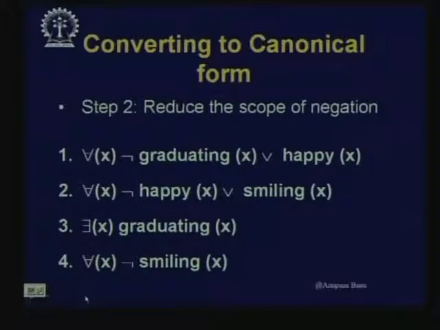But when I am trying to do this, what I will try to do is for every clause I will change the different variables. Every clause, every sentence, will have a distinct variable.